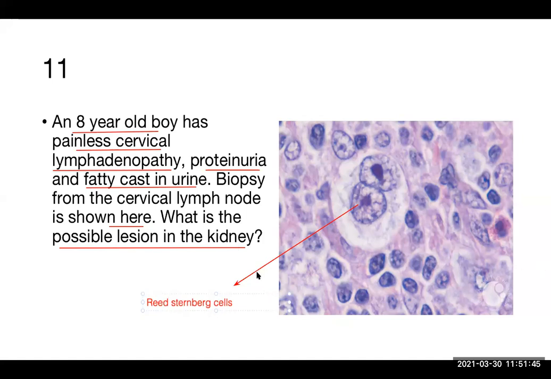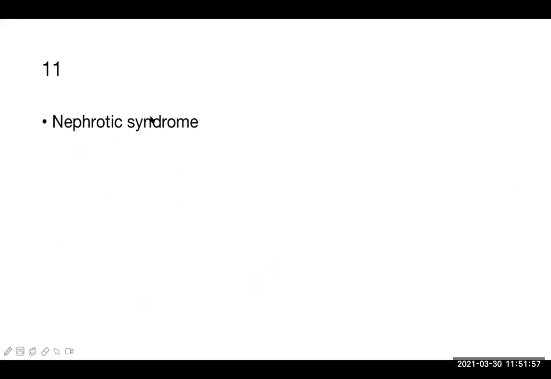They are minimal change disease, MCD, membranoproliferative, or focal segmental glomerulosclerosis, isn't it? Right? Yes, sir. So it is nephrotic syndrome, probably a case of minimal change disease or mesangial-proliferative glomerulonephritis. We have to confirm that with the help of biopsy.